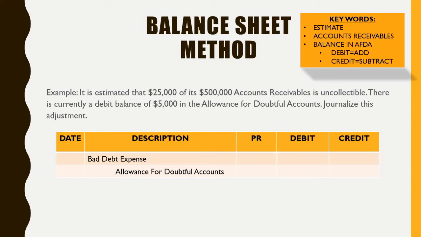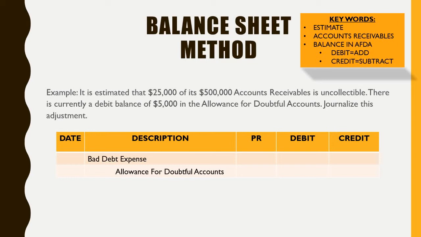Now, if there's a balance in the allowance for doubtful accounts, this is what you need to do. If it is a debit balance, you need to add that amount to your estimated amount. If there's a credit balance, then you need to subtract that amount from the estimated amount.